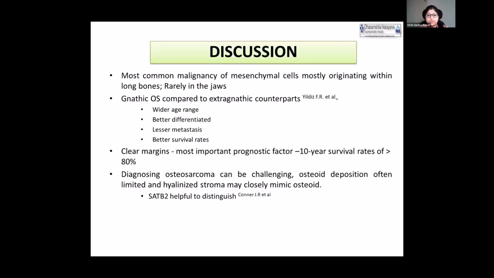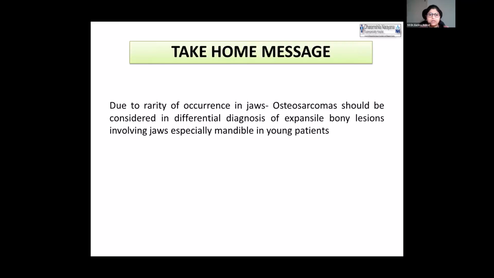So in this case, that is why we performed immunohistochemistry for SATB2, which helped to differentiate the hyalinized stroma from the focal osteoid deposition, as SATB2 is a nuclear protein which is important for the osteogenic lineage.